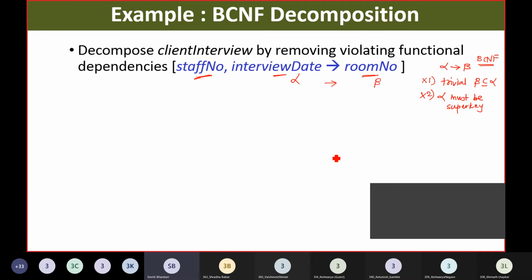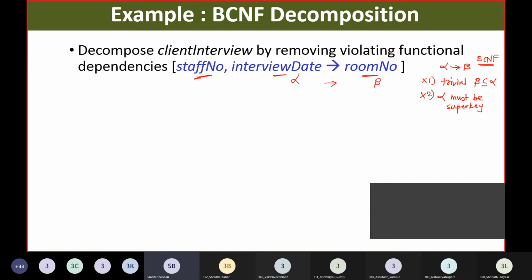So this second condition is also violated, right? And that is why we say that even though my relation client interview is in 3NF, it is not in BCNF. It is not satisfying the norms for BCNF, Boyce-Codd Normal Form.